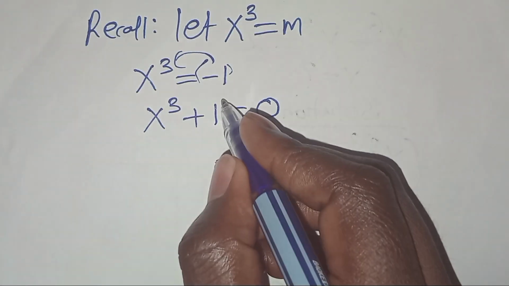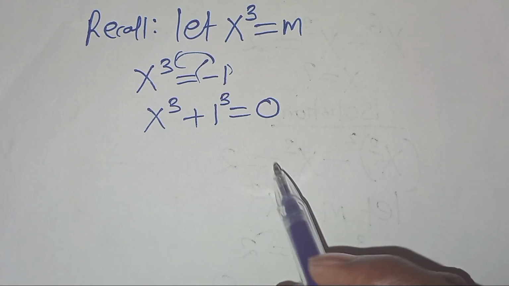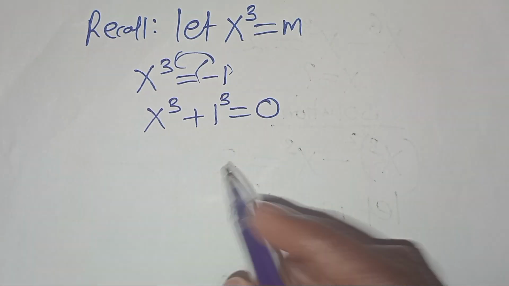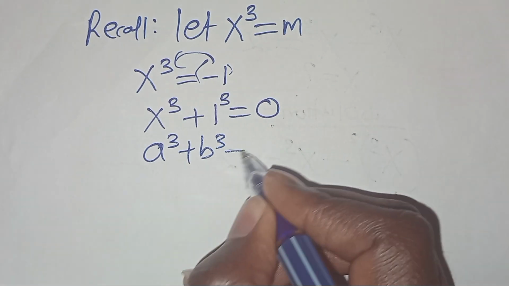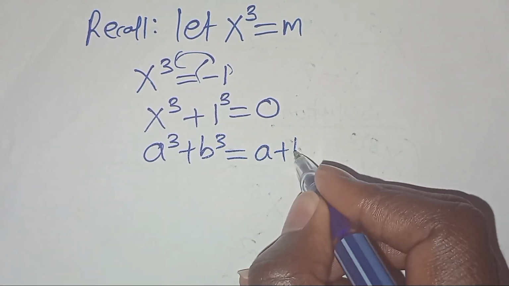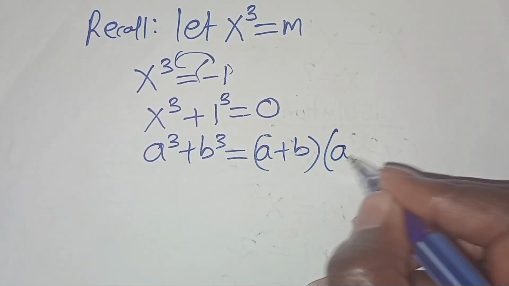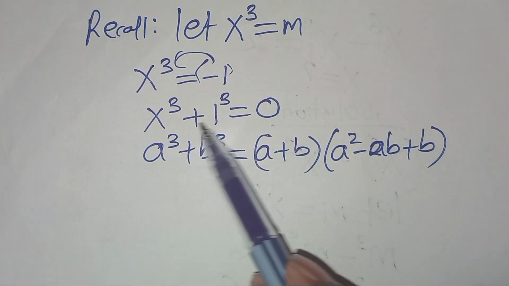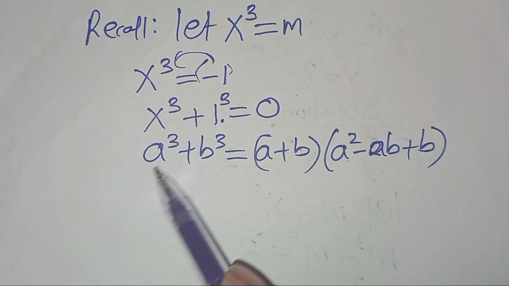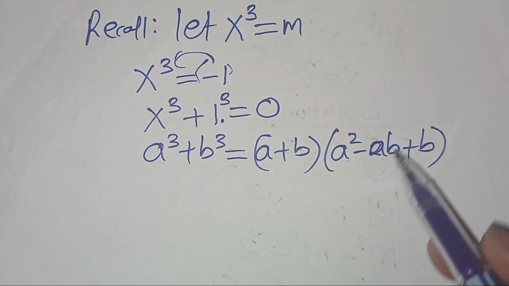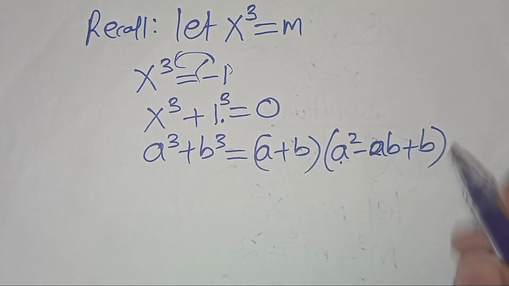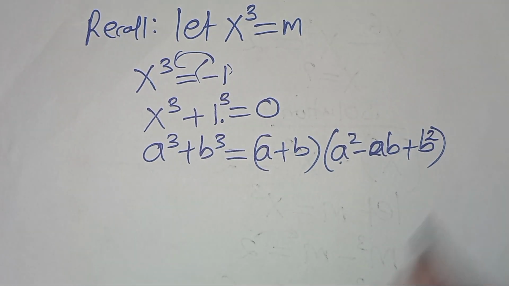We can express 1 here as 1 to power 3. So x to power 3 plus 1 to power 3, this is in the form of a cubed plus b cubed, which we can express as a plus b, a squared minus ab plus b squared.